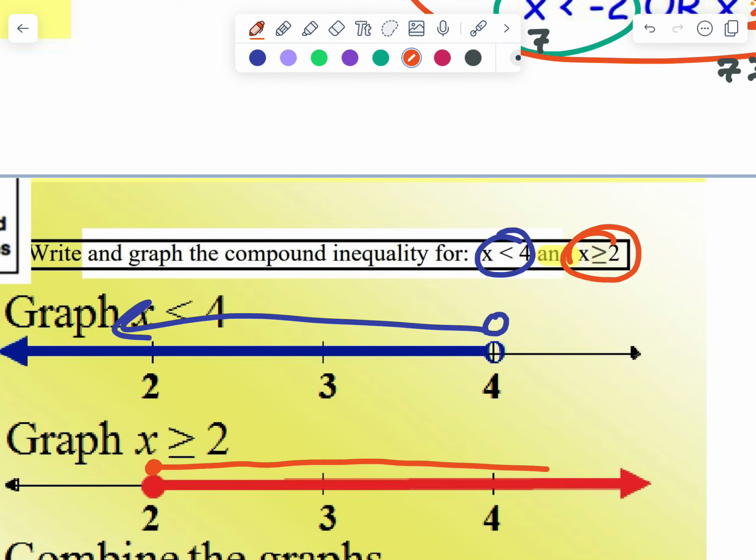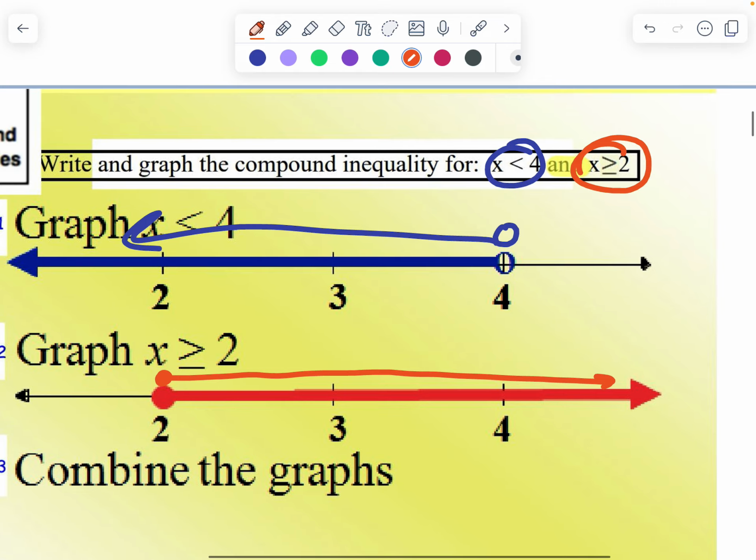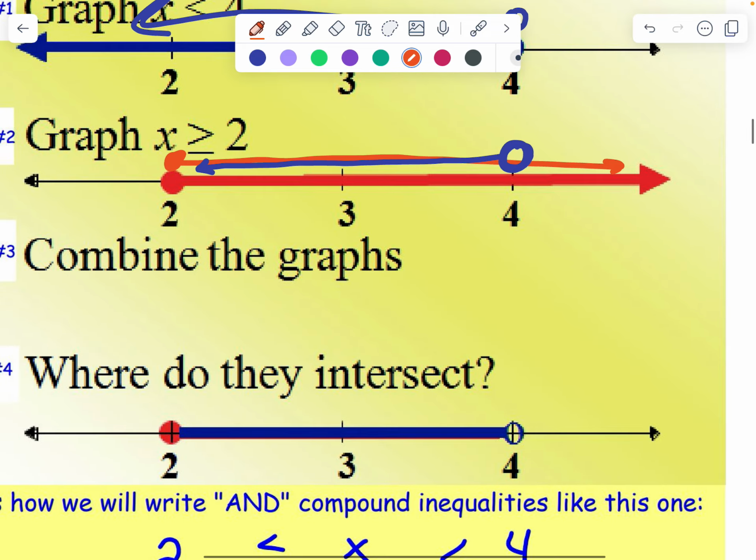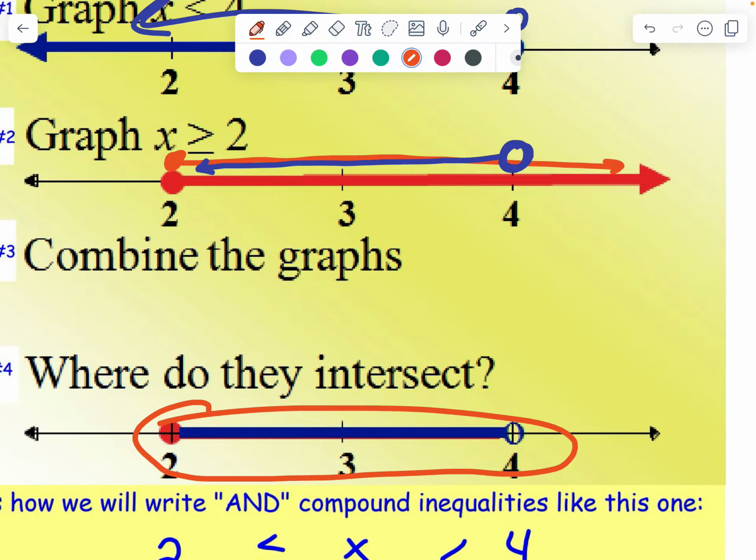You have to be both of these things, which looks like that. When we stick them together, this orange guy is going to get stopped by the blue guy, and the blue guy, vice versa, will get stopped by this orange boundary point. So we end up with this intersection. You're combining two graphs into one. You're combining butter and fly, and you've got butterfly down here.